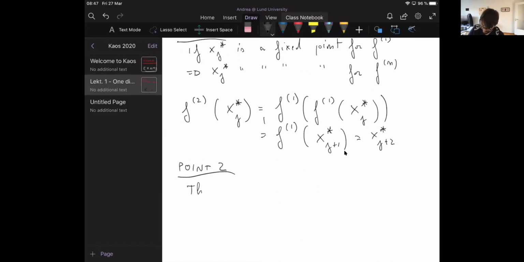The stability, or not stability, so the stability character of fixed points.